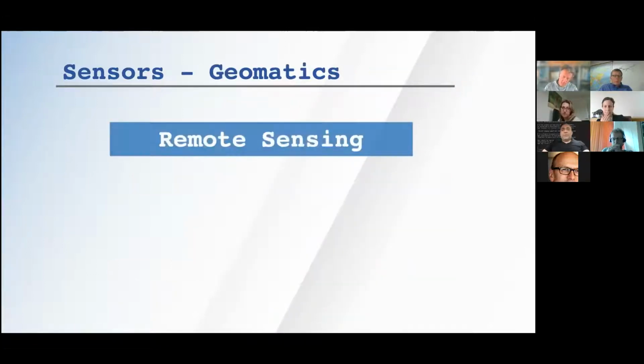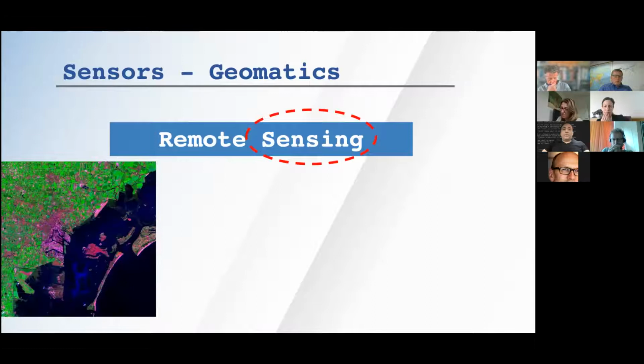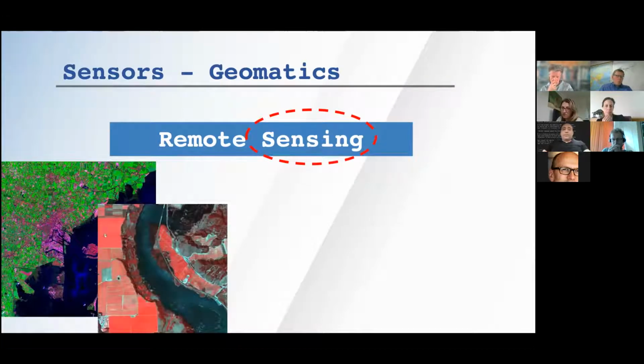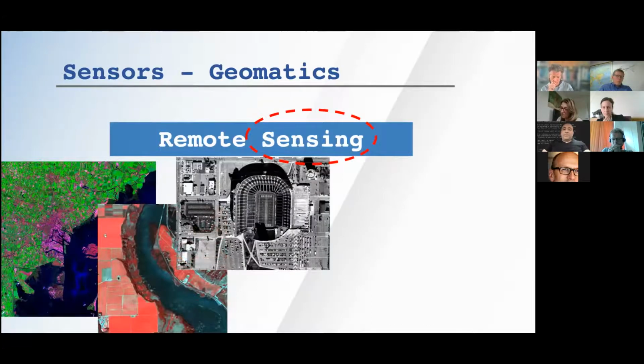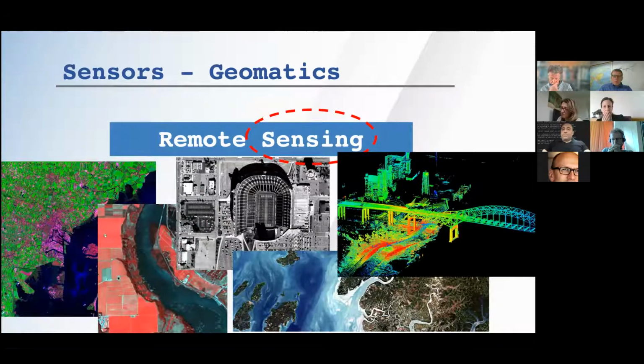So in geomatics, we know that remote sensing has evolved a lot from sensing technology. We have a lot of satellites with different sensors, generating different types of images with different spatial resolution, temporal resolution, and with different technologies like active or passive technology. For example, here you can see a LiDAR type of image.